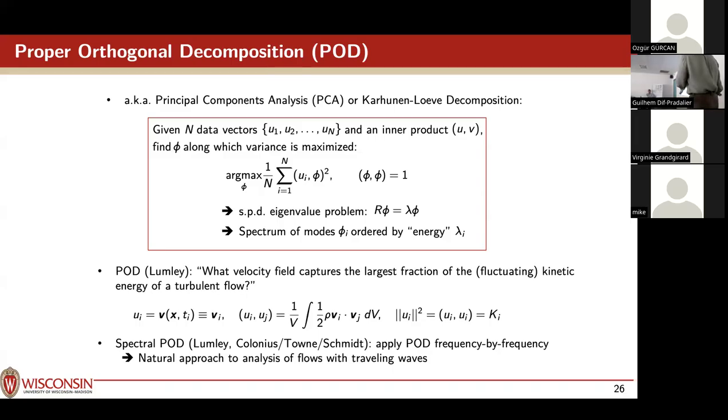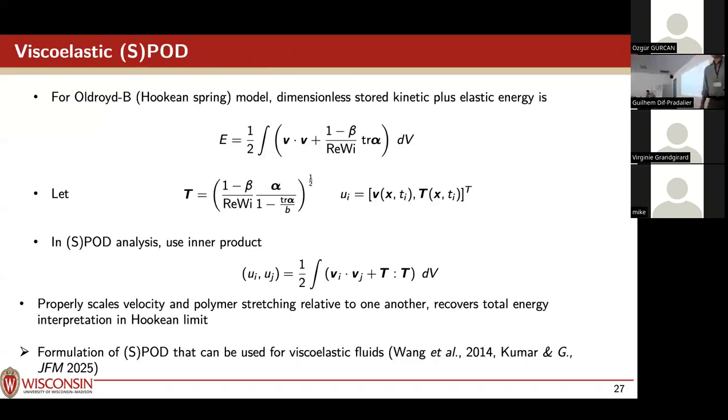In the Newtonian case, you can write that all in terms of kinetic energy. And then more recently, Tim Colonius's group has been doing spectral versions of this, which is the same thing, except frequency by frequency. So you do the Fourier transform in time of your data set, and then do proper orthogonal decomposition at each frequency. And we found that to be quite useful.